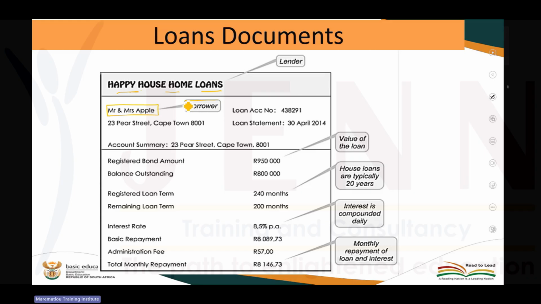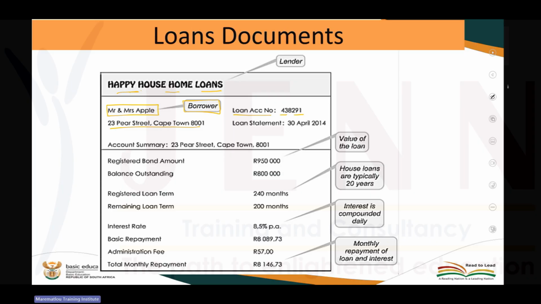Hence, we are calling them a what? This is our borrower, or our borrowers, this couple. And they are staying at this address in Cape Town. Happy House Home Loans have allocated the account number to this particular couple, which is 438291.